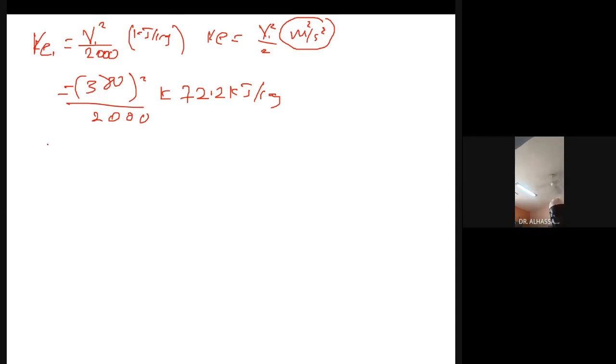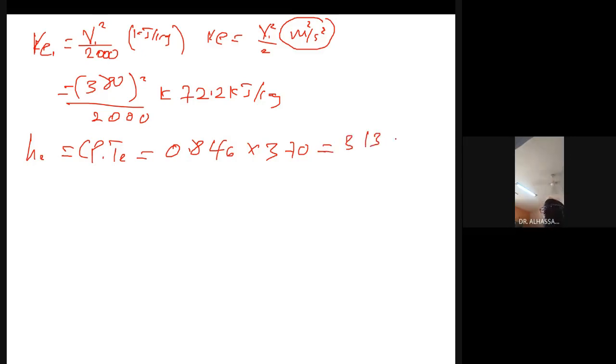Same thing, if we have to find H2, H2 equals to Cp times T2, which gives me 0.846 times 370. And this gives me 313.02 kilojoules per kilogram.